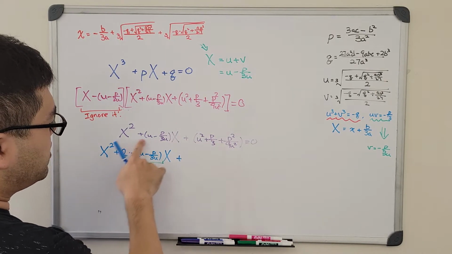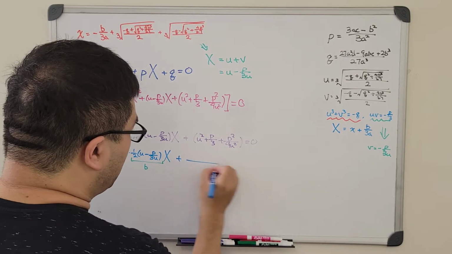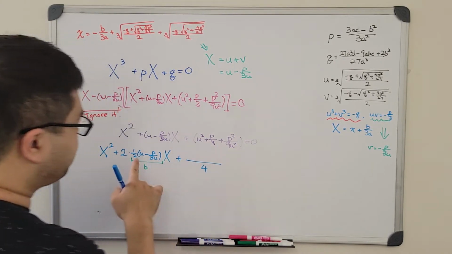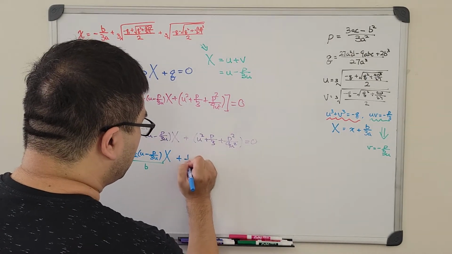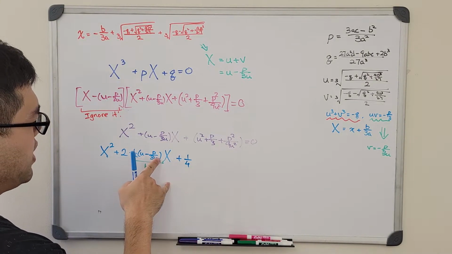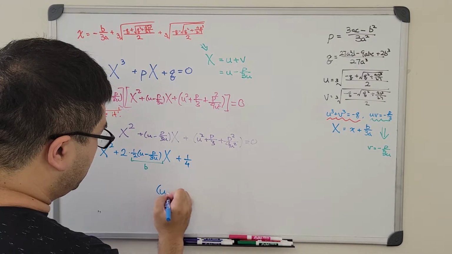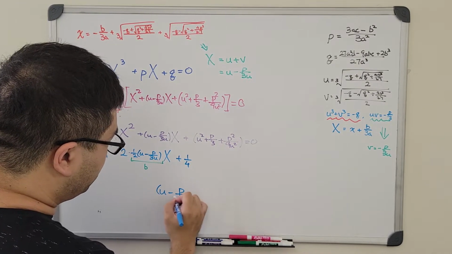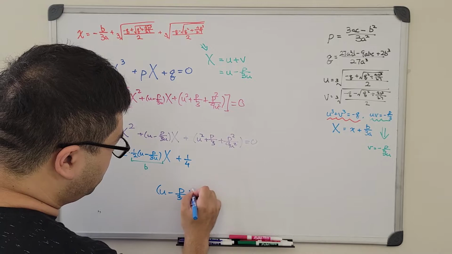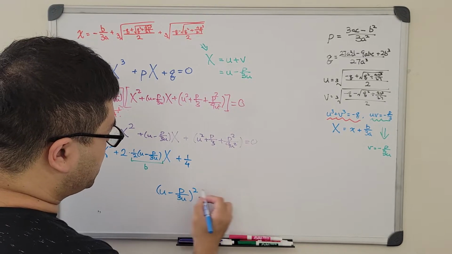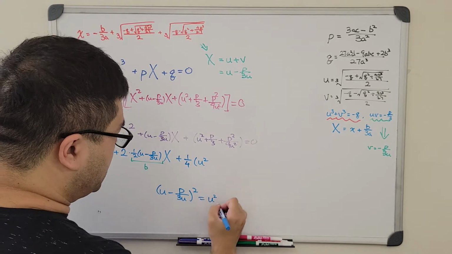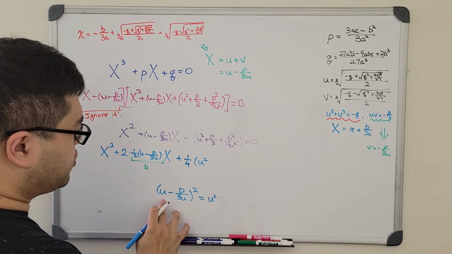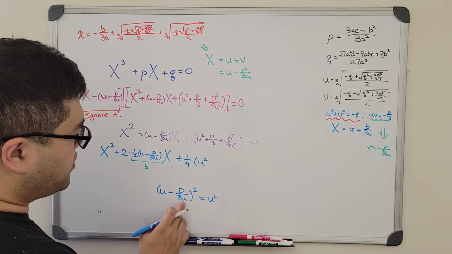If we square this b term, we now have 4 in the denominator, or I can just put it at the beginning. And then we're going to square this term, which is u minus p over 3u squared, which gives us u squared. And then we have minus 2ab, so again, the u and u will cancel out.